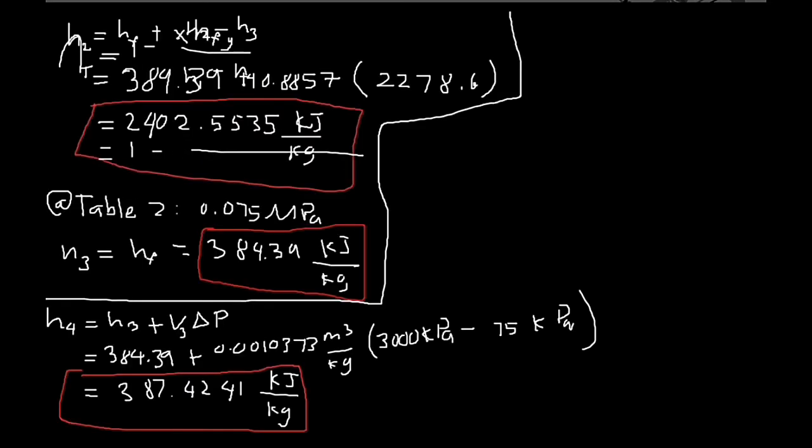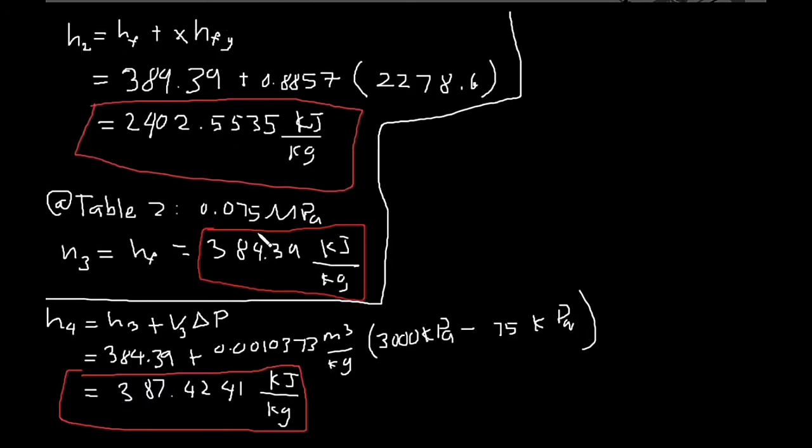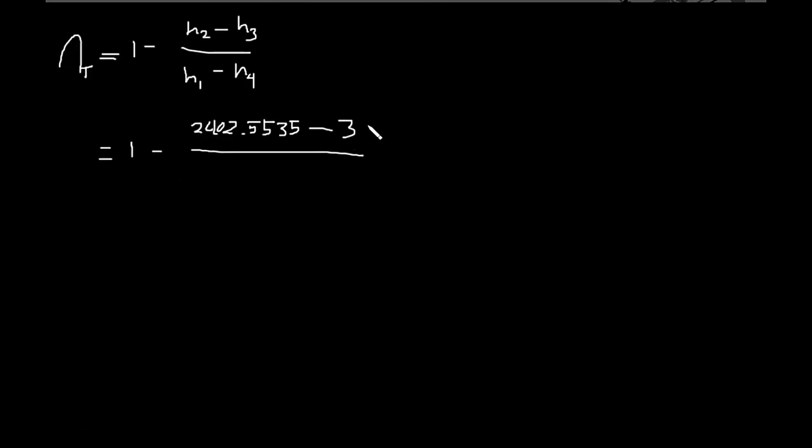H2 is equal to 2402.5535 minus H3. H3 is here, 384.39, over H1.